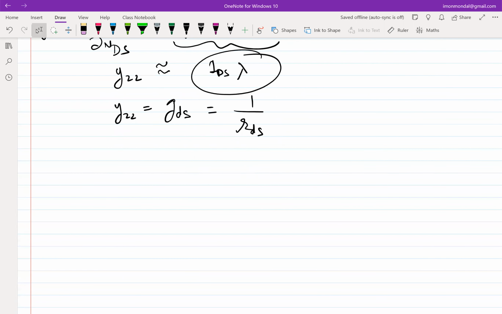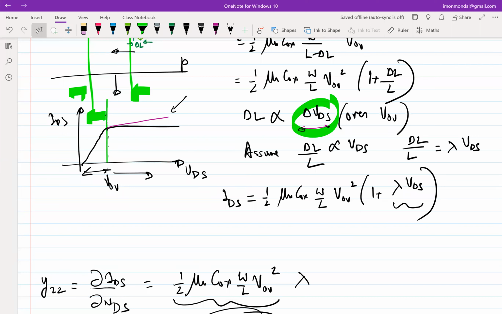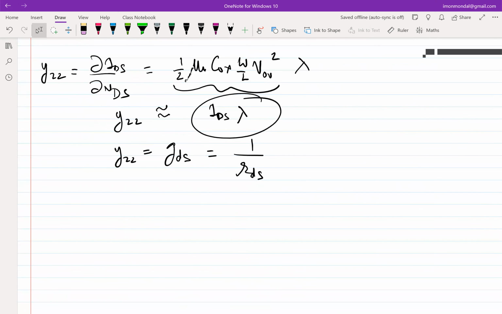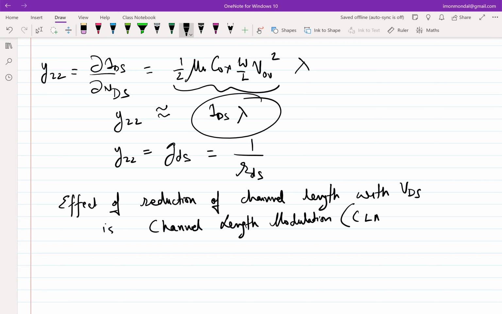By the way, before I proceed, one more piece of jargon. This effect of reduction of channel because you have applied some extra VDS is called channel length modulation, abbreviated as CLM.